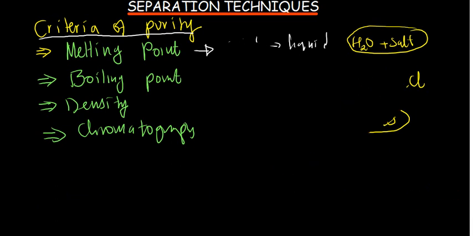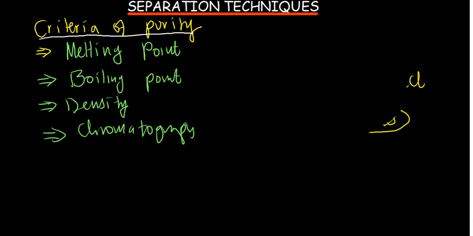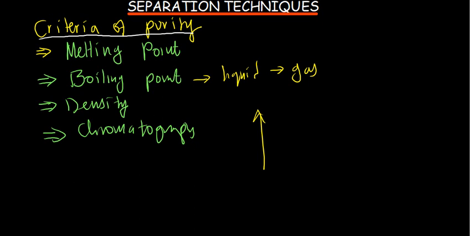This is the same when you're talking about boiling point. Now the boiling point is a point when a liquid is going to change into a gas. And same, if I refer to pure water, it is going to have its own boiling point. Water boils, in other words, water is going to be converted to gas at 100 degrees Celsius.